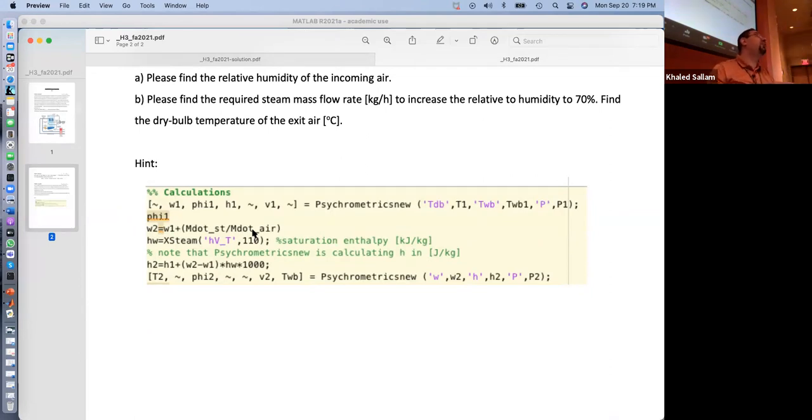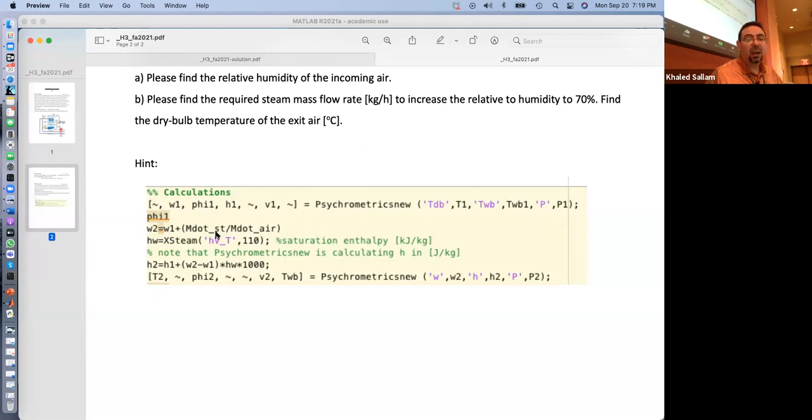If you are dehumidifying, you are sucking water out because you are cooling, so it will be W1 minus W2. This equation will calculate W2 if you know m dot steam.